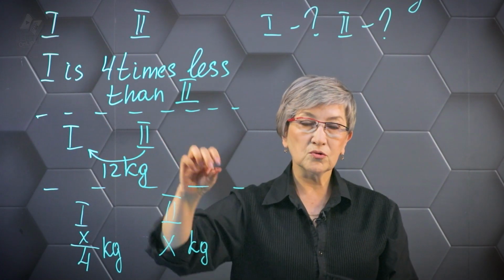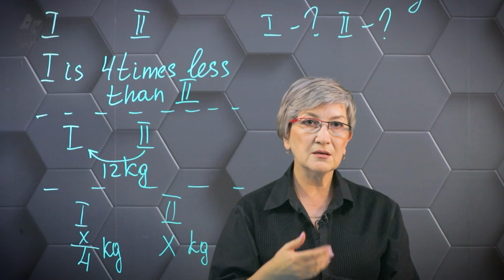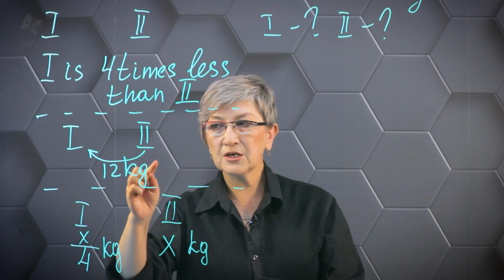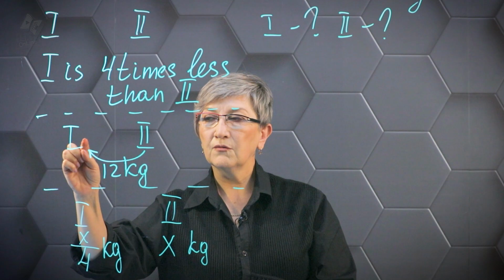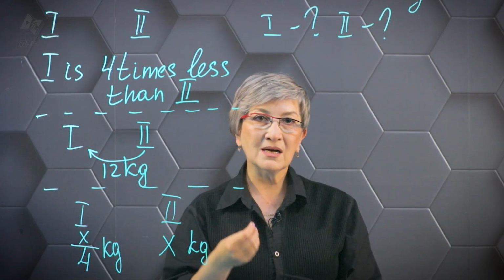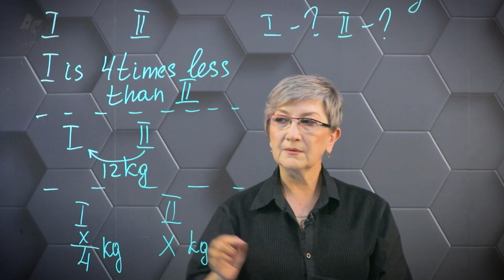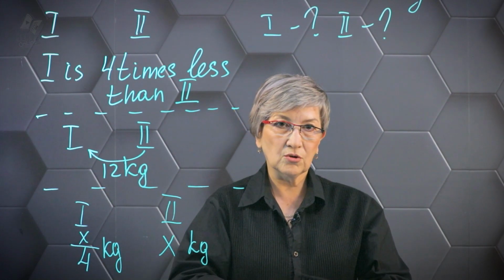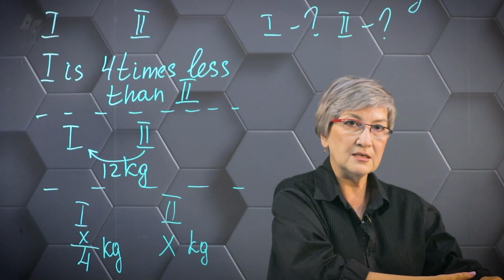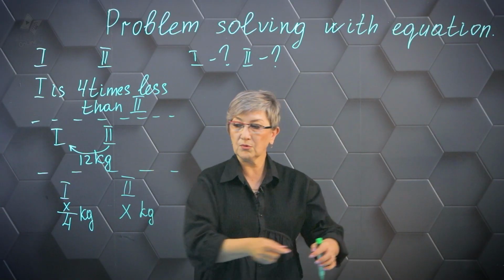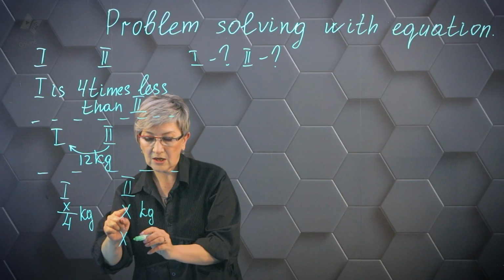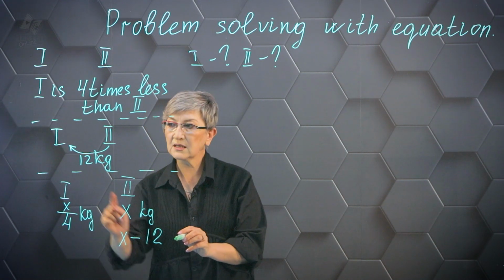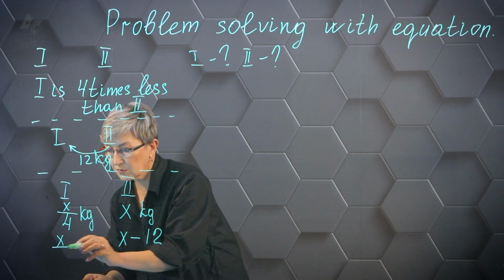Let's take the second condition and write it down in math symbols. When the second box transferred 12 kilograms into the first box, the mass of the boxes became the same. When we say transferred, we took 12 kilograms from the second box and put those 12 kilograms into the first box.